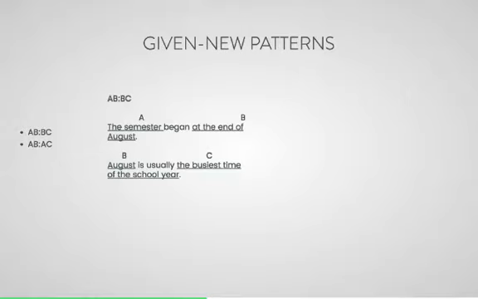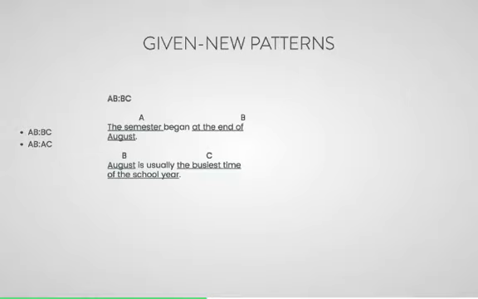Here's an example of the ABBC pattern. Each sentence has two ideas, one in the subject and one in the predicate, and we label them as such. The first sentence is, The semester began at the end of August. The semester is labeled A, that's our first idea. Began at the end of August is labeled B, that's our second idea. In our second sentence, we need to connect.